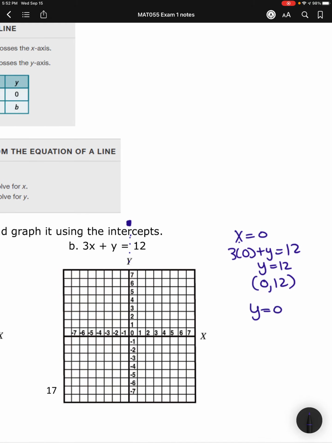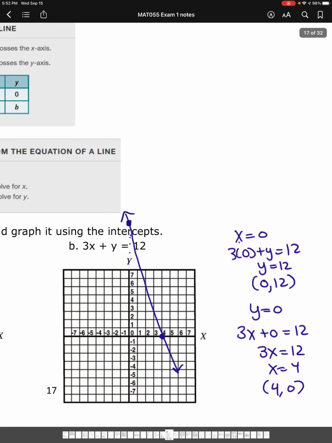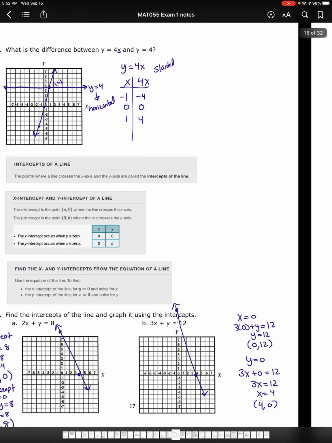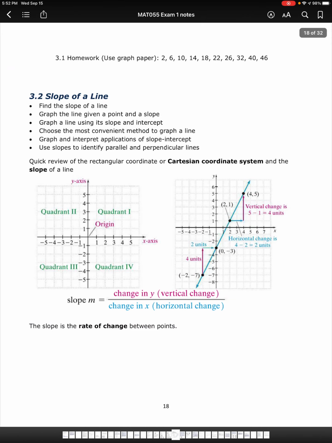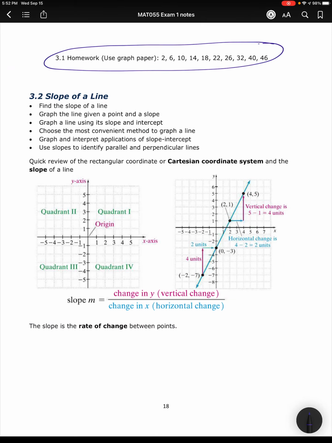And y equals 0. 3x plus 0 equals 12. It's just 3x equals 12, so x equals 4. And we get the point 4, 0 again, and then we can draw our line. All right, so that's it for that, and then you have this homework assignment to do to practice that.